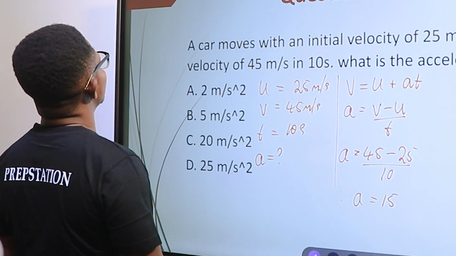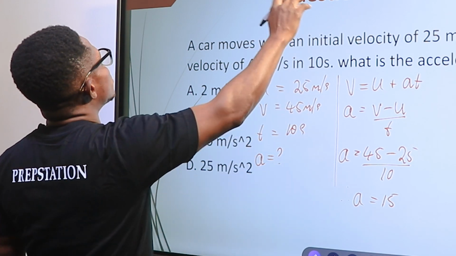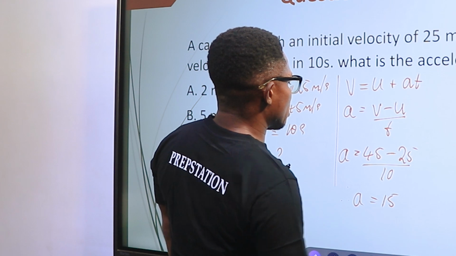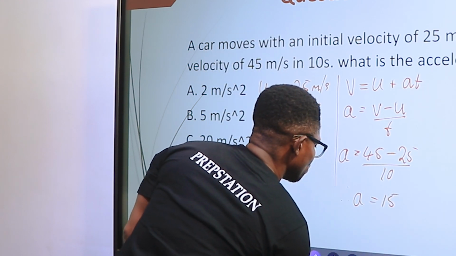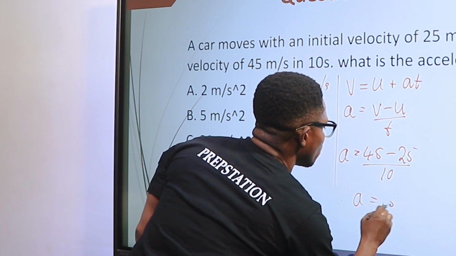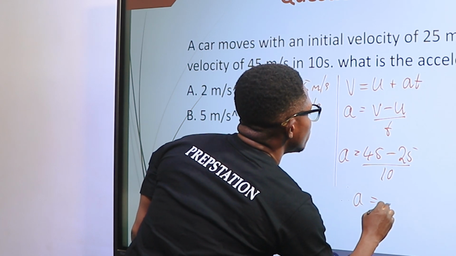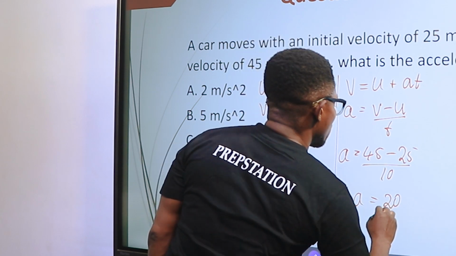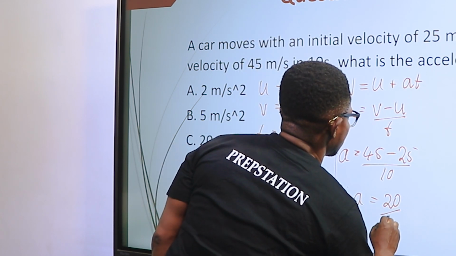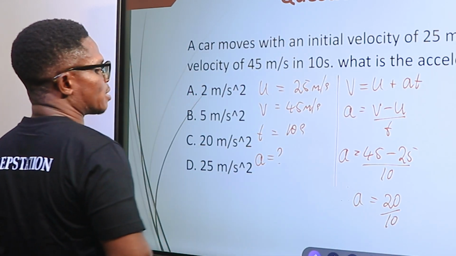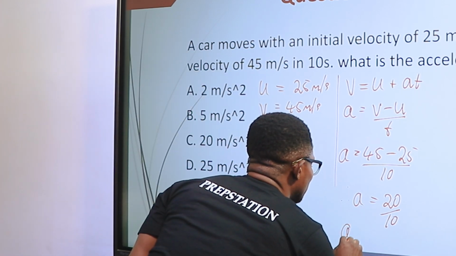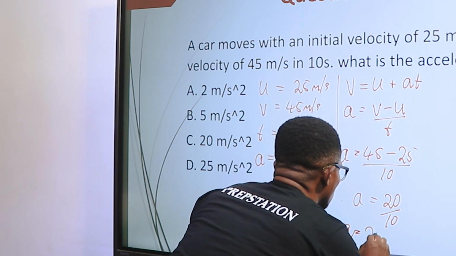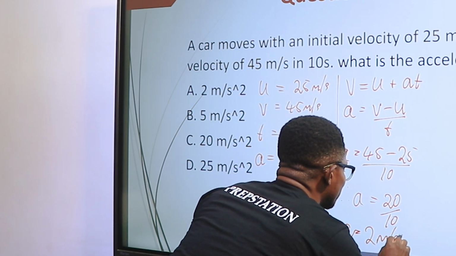Did I miss anything? 45 minus 25, that should be 20. Sorry, that should be 20. Then over what? 10. The time is 10. Therefore, acceleration will be equal to what? 20 divided by 10 is 2 meters per second.